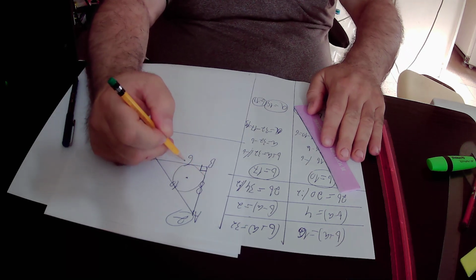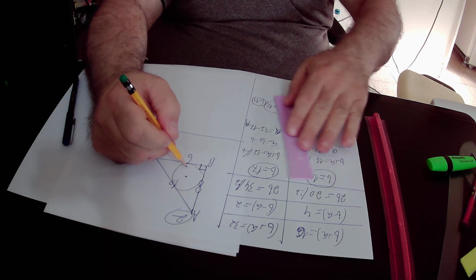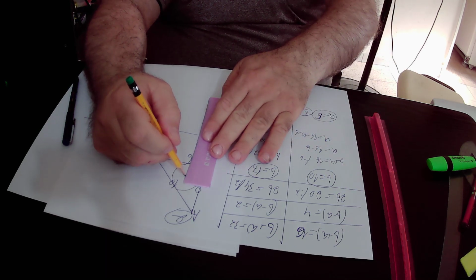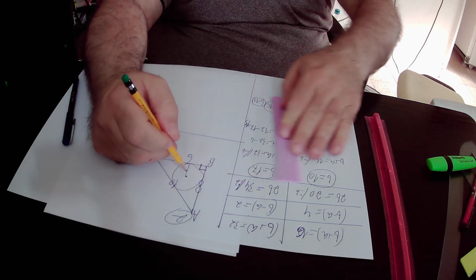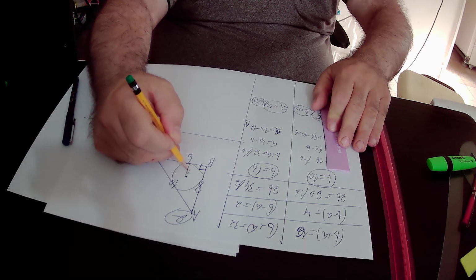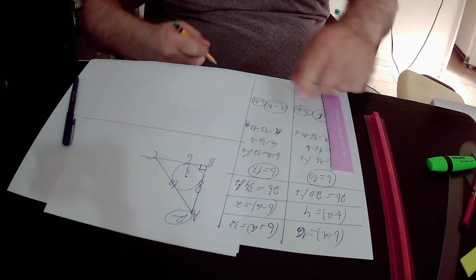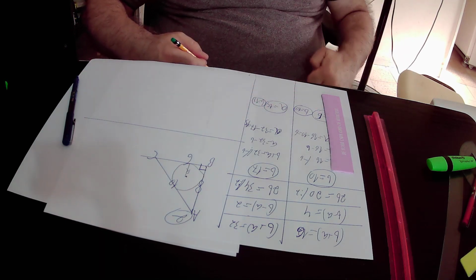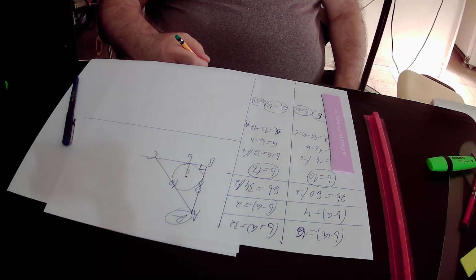So this is the circle, and we want to find the radius of this circle. We define the radius as capital R.